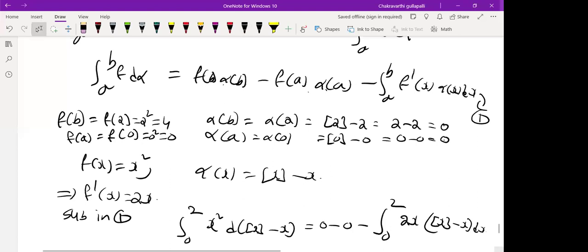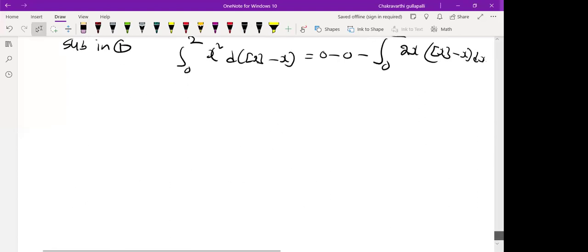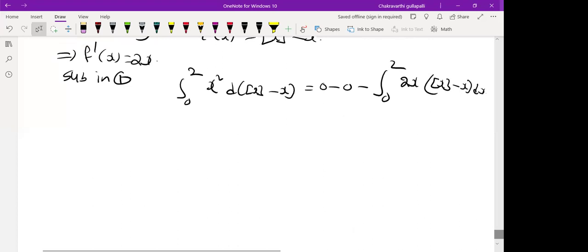This we have to simplify. How to simplify this? Take this inside. So this will be equal to the integral from 0 to 2 of x box x, you can multiply inside, minus 2 x into x, x square.